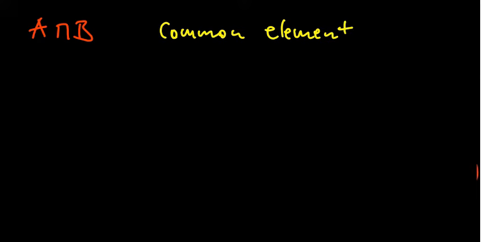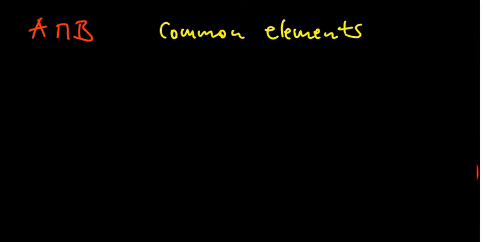So continuing with other notations that we have under set theory, we have also what we call intersection. A intersection B. What is an intersection of a set? Intersection of a set, as we've already seen, deals with common elements between or among the sets under discussion.